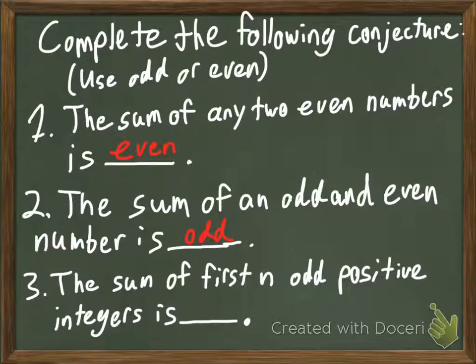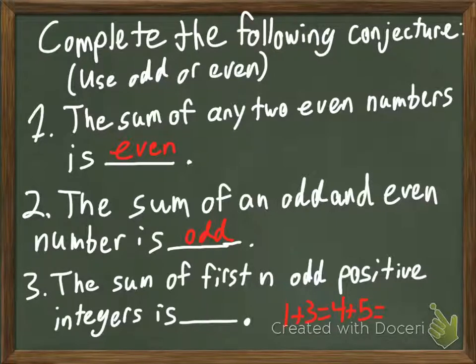Our last example says the sum of the first n odd positive integers is. Now, we're not saying how many. That's what that n means. It means we can take 2, we can take 1,000, as long as they are odd positive integers. So that means 1, 3, 5, 7, so on and so forth. So what happens no matter how many of them we add up? Well, let's just start at the beginning. Let's do 1 plus 3. Well, 1 plus 3 is 4. That's even. Well, let's add in 5 now.